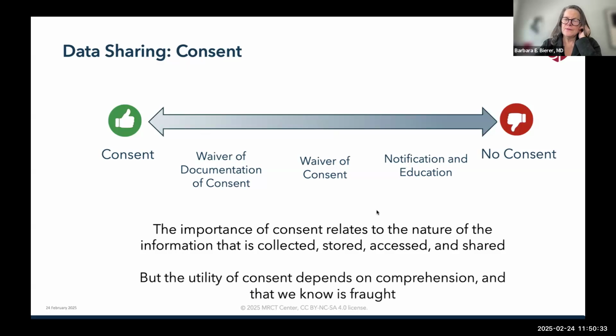Of course, even if you have consent, the utility and the robustness of the consent really depends on somebody's comprehension and whether they understand fully what they are consenting to. And we know that consent is fraught. We know that people do not necessarily understand what we tell them during a consent discussion, even for interventional research.